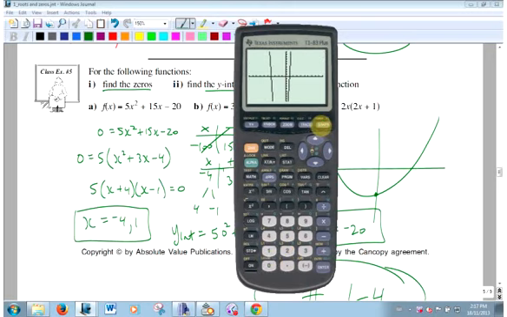Does it look like a parabola? Not quite yet. I need to make y a lot bigger. Hey, look at that. Parabola. Okay. Does it look like the zeros are minus 4 and 1? Yeah, and we can calculate that. That's what I'm going to show you tomorrow.